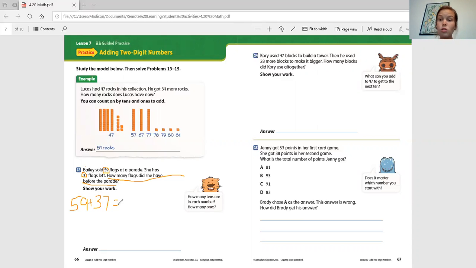Oh my goodness, those are 2 big 2-digit numbers that are tricky to add. So I'm going to choose to break it apart and do 50 plus 9, and then break this one apart and do 30 plus 7. All right, 9 plus 7 I know is 16.